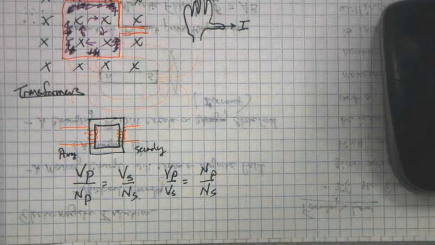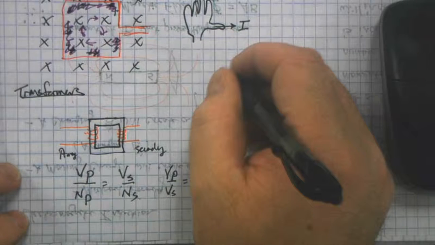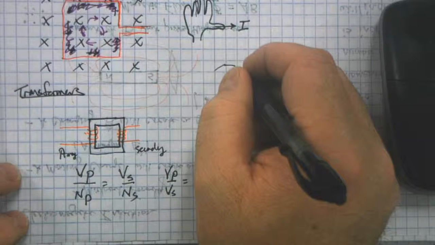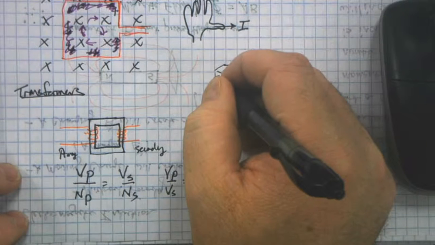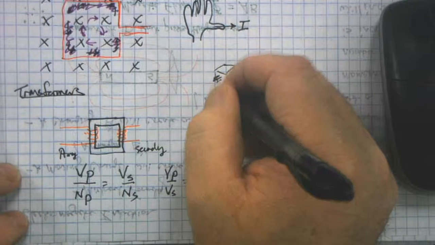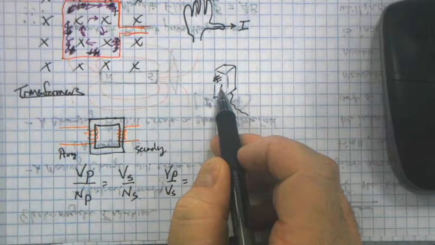All right, and that's also why you have little devices, you know, the little blocks that you plug things into. When you buy an electronic, you get your plug. It looks like this, and this is what you plug into the wall.